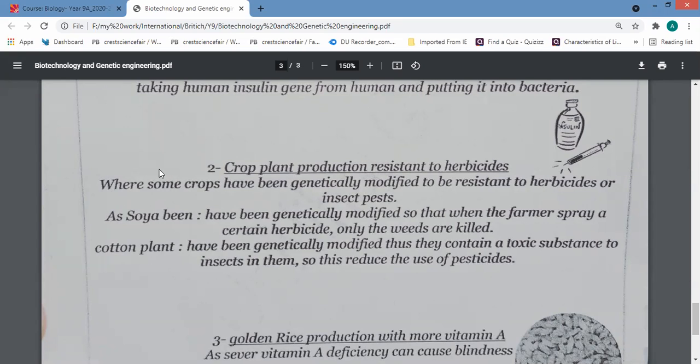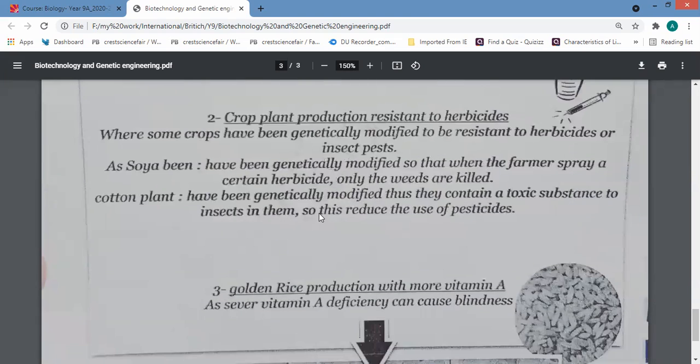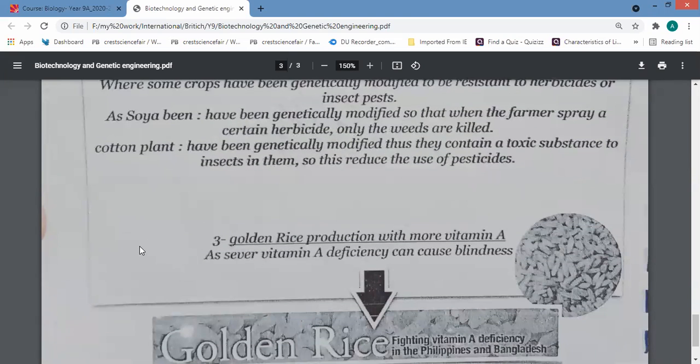Like what? Like soybeans, as you can see. The soybean is modified after genetic engineering to resist the herbicide.